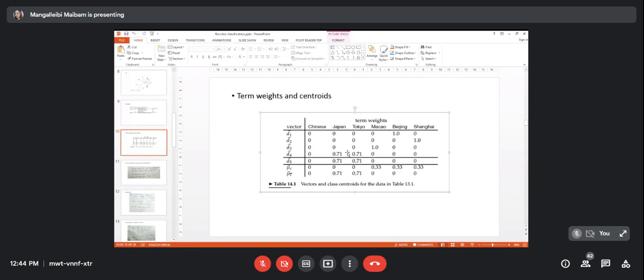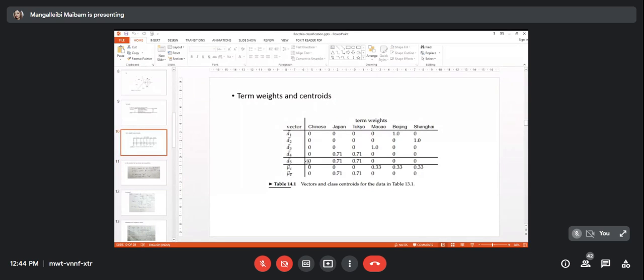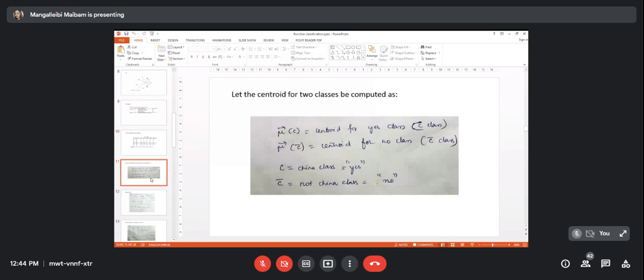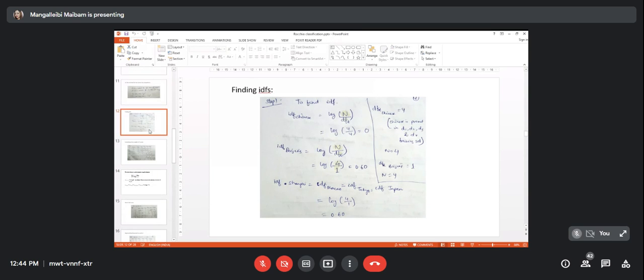That is important. In your textbook, the calculations are not there. They are just giving the final table like this. That's why I have done the calculation here for your understanding.